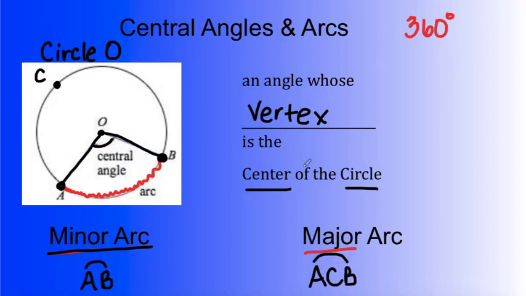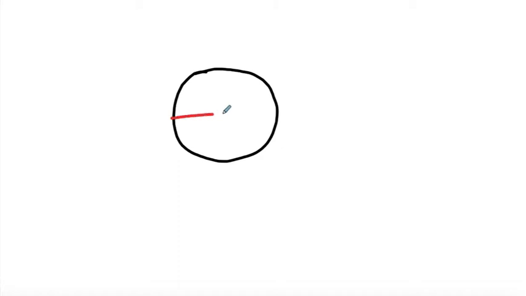Now, the one thing I also want to make sure you understand is the term semicircle. Here, let me make one for you. Here's a circle, and this is the center. The semicircle is the part of the circle that is exactly 180 degrees.